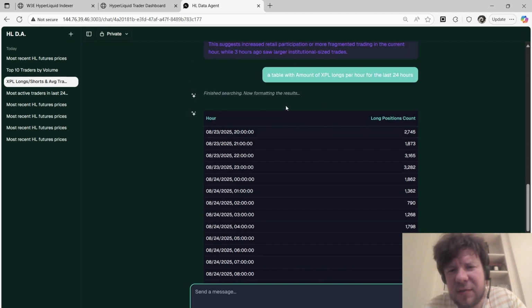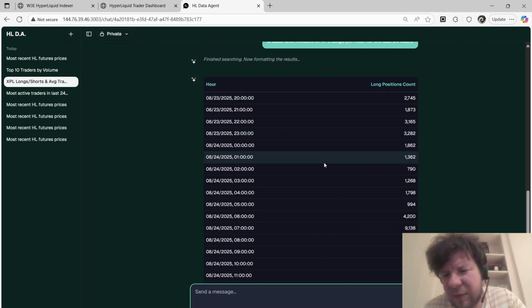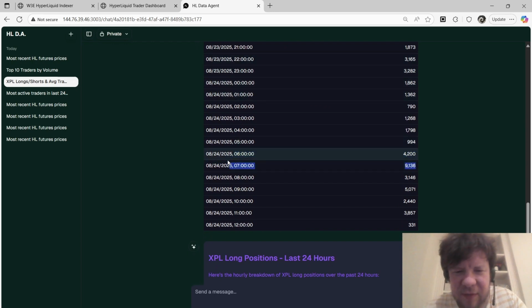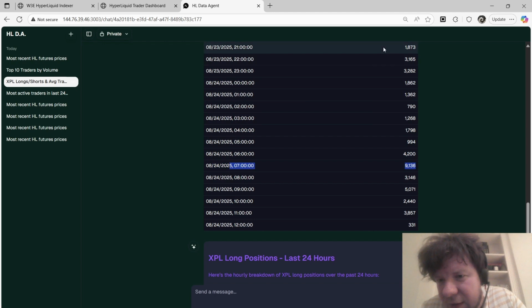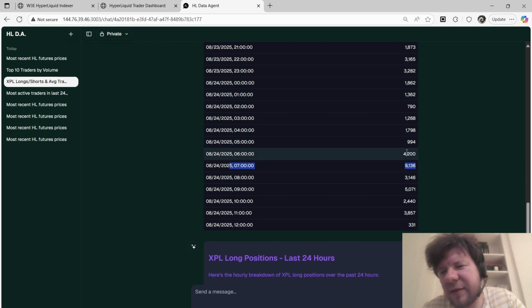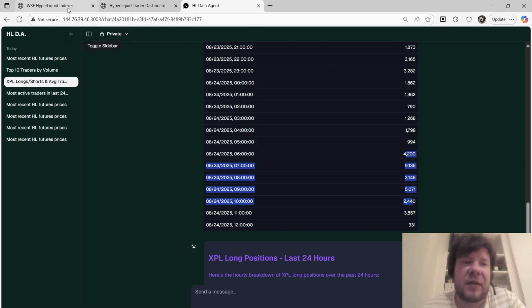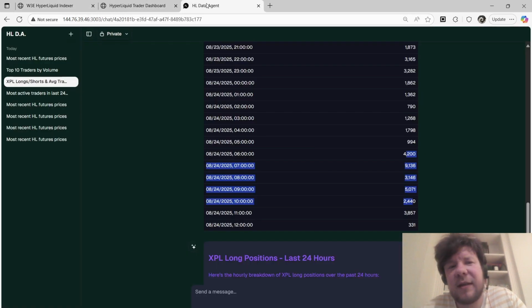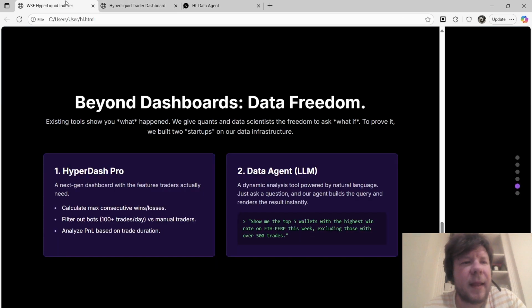I just asked the AI and it created this table for me, and I can see the moment when the big trade happened. From here I was able to understand that there are lots of people tracking what's happening on chain or in the news, and these things trigger activity. These are just two cases showing how easily it integrates with our database.